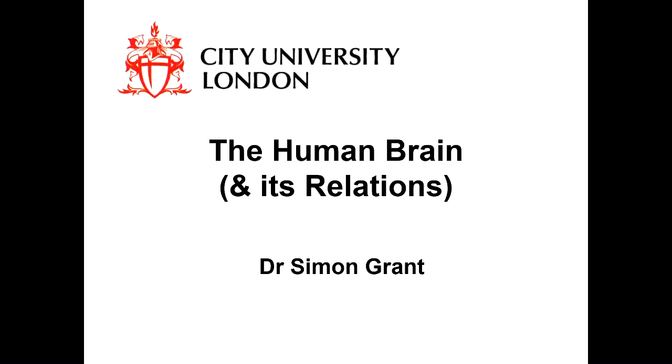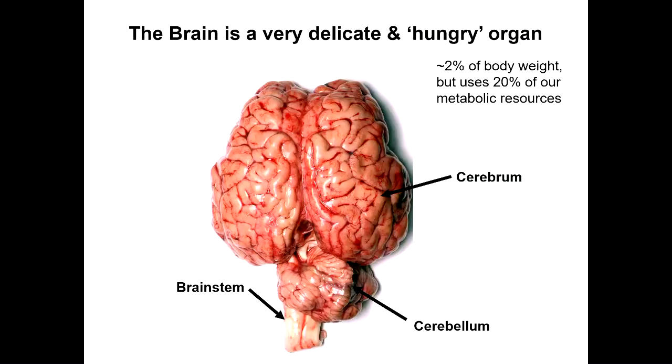Okay, so this next lecture continues a kind of general overview of the human brain, but it's mainly concerned with how to keep it alive and well. Now, the first important point to make is that the brain is a very delicate and a very hungry organ. It's very delicate and therefore needs different forms of protection.